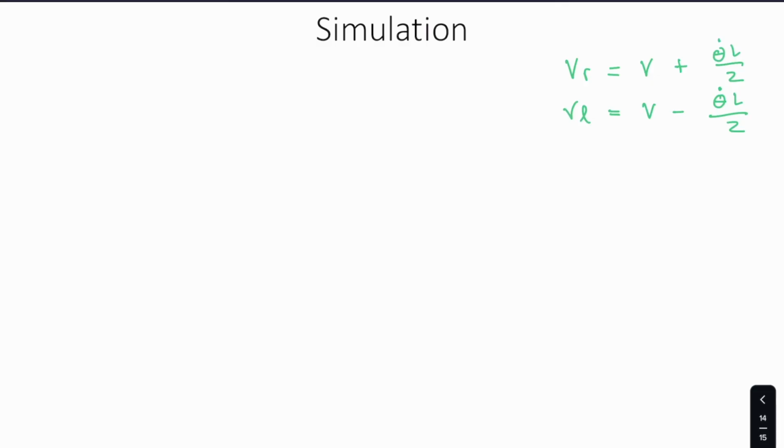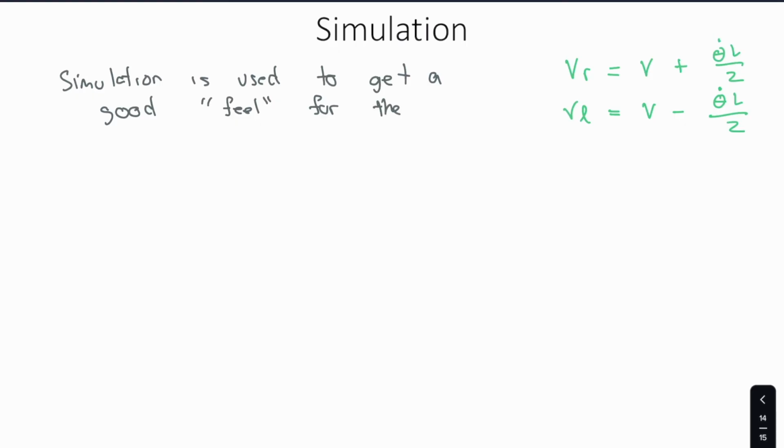As I mentioned before, your simulation is used to get a good feel for the control parameters.